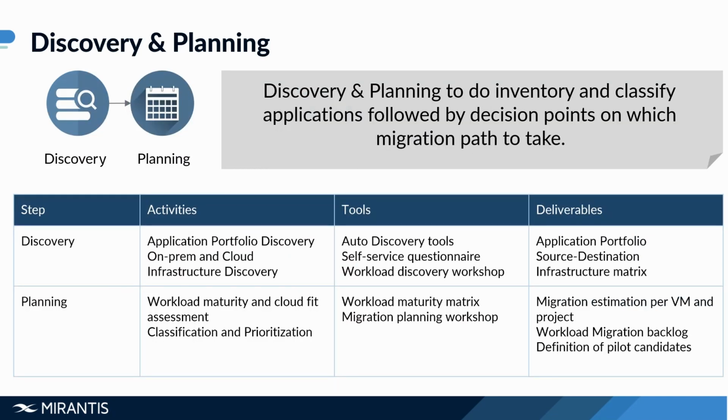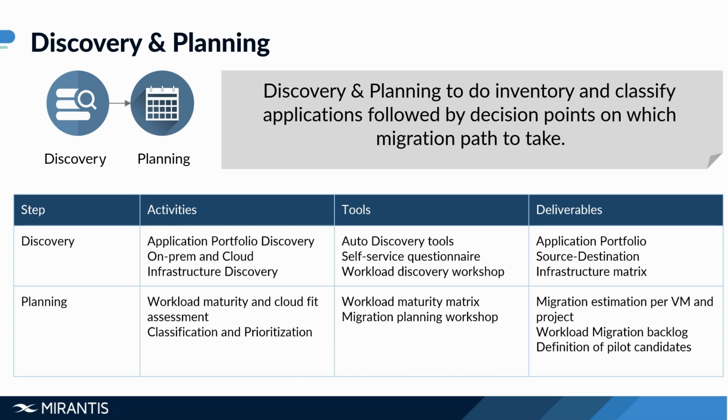So let's take a look at the first two steps. The discovery phase: discovery and planning is for the customer and also for us, to get an inventory of all workloads which need to be migrated.